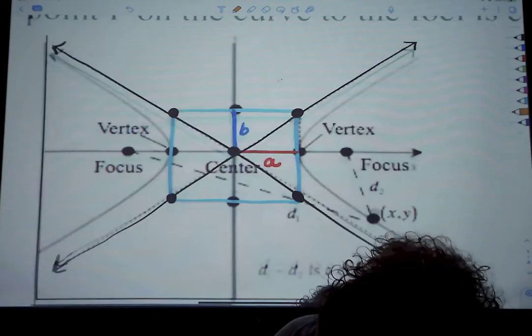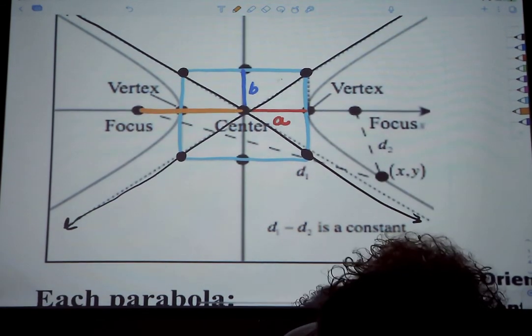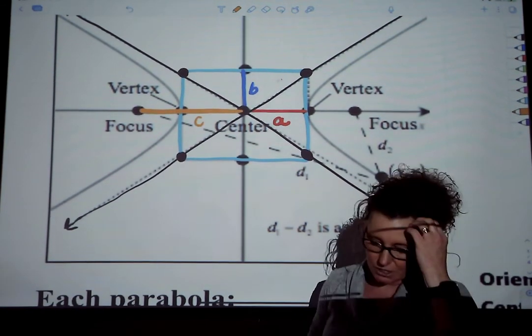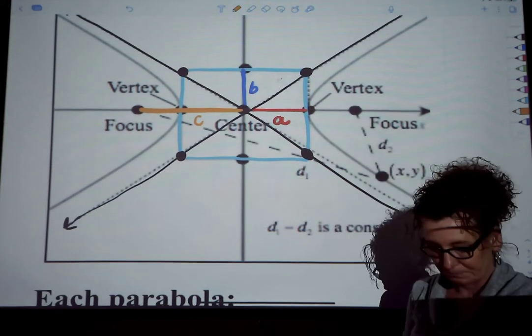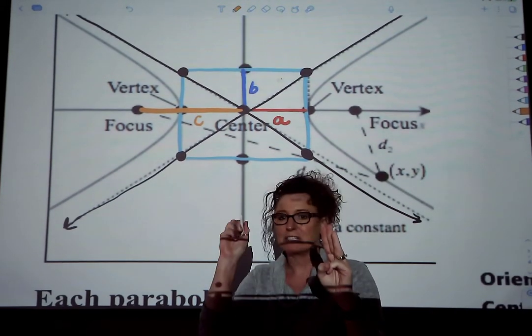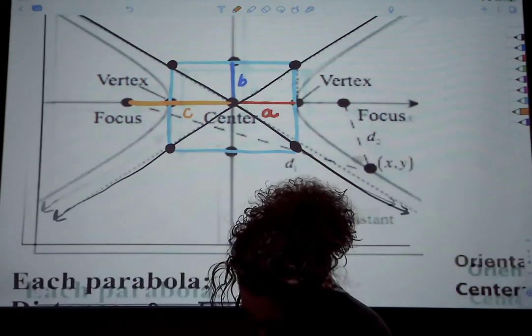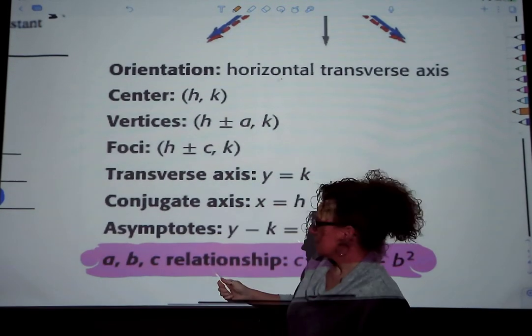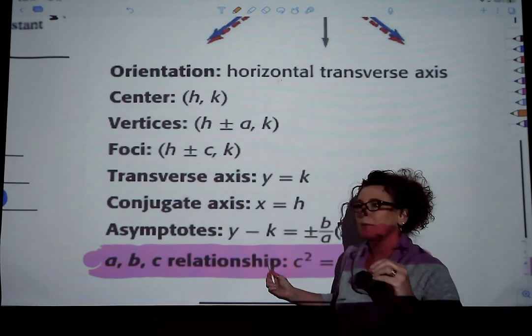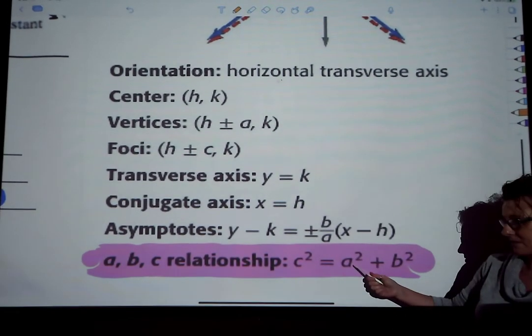So, the good news was this distance is still c, from the center to a focus. And now a, b, and c have a special relationship, but it's different in a hyperbola than it is in an ellipse. Here's the abc relationship for a hyperbola, and it's this.